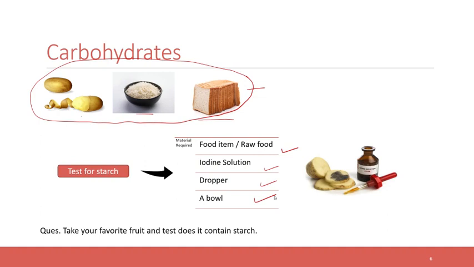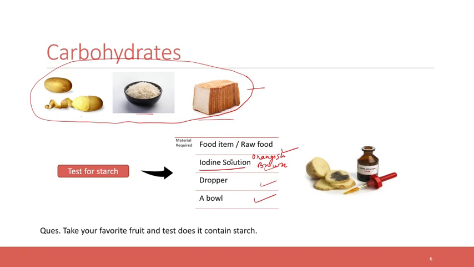This iodine solution is orangish brown in color. You can find this iodine solution in your chemistry lab or maybe some pharmacy. It's easily available. Then you need a dropper and a bowl.